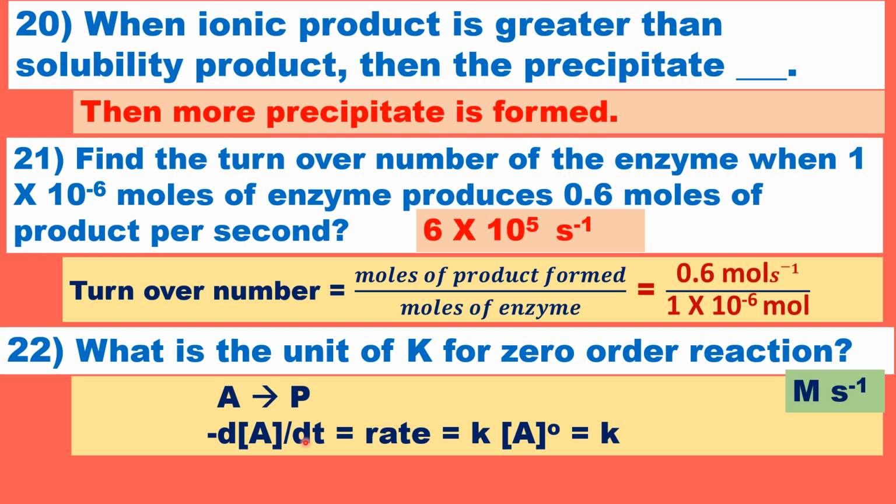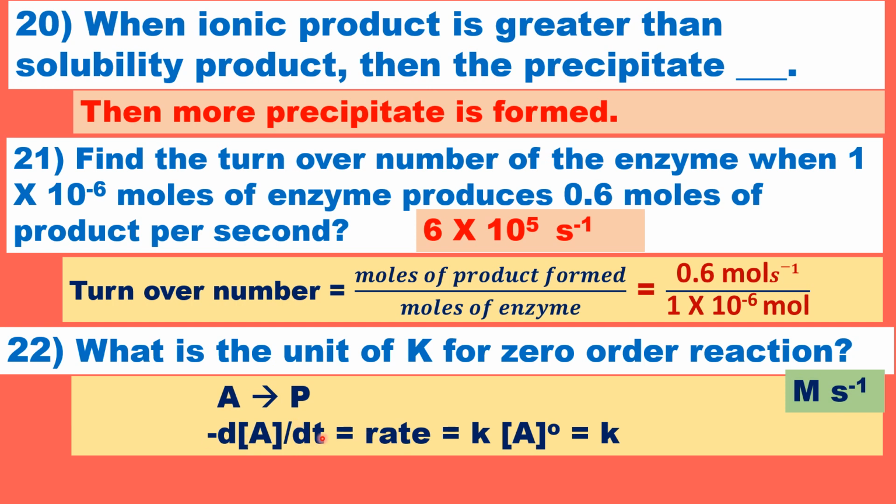We can easily write the rate of the reaction in terms of disappearance of A. Minus sign for disappearance, appearance means plus. Minus dA by dt equals rate.